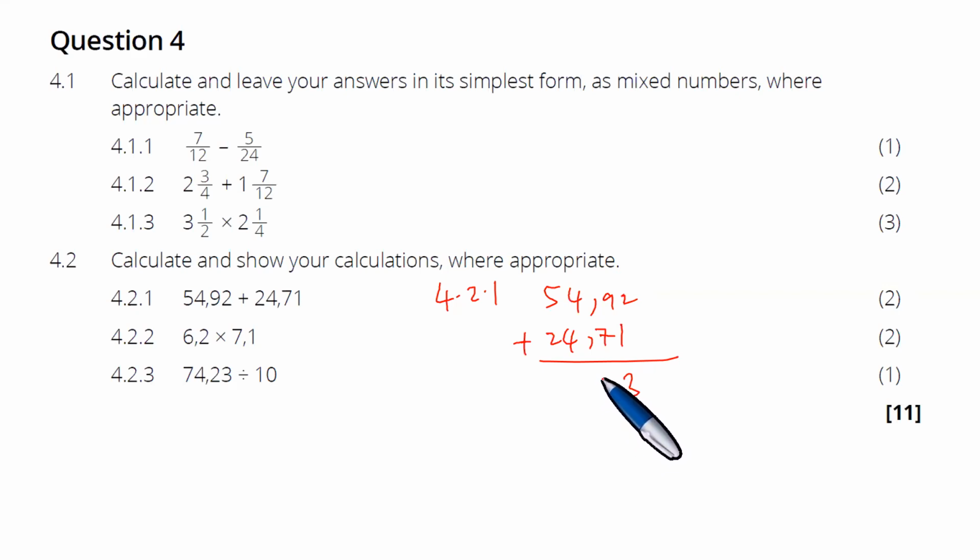It's 16, right? So you bring down 6, then you carry 1. So what is 4 plus 4? 8. 8 plus 1, 9. You bring down your decimal comma. What is 5 plus 2? 7. So the answer to this is therefore 79,63.